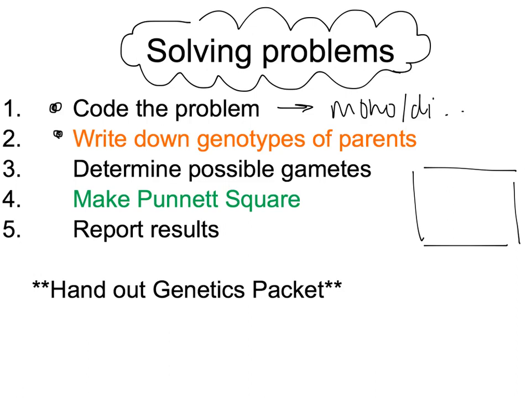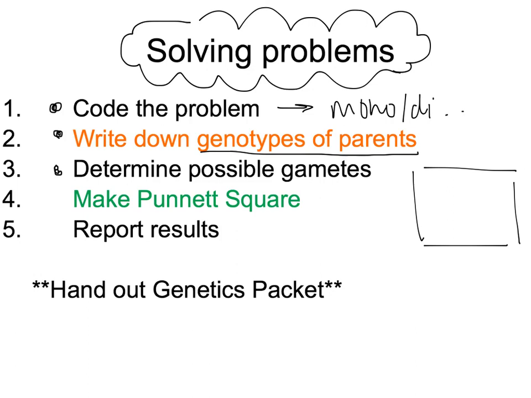I would say every single time, make sure that you write down the genotypes of the parents. When people try to do this in their head is when they make mistakes. And especially with dihybrid problems, you don't want to make those big mistakes, as that's a lot of time that you need to go back and do. All right, number 3 is determine the possible gametes.